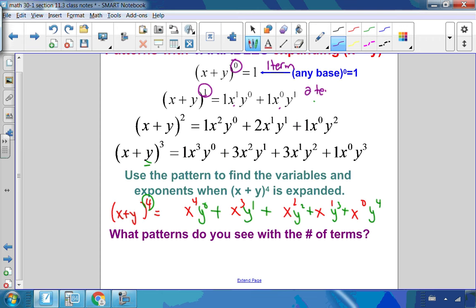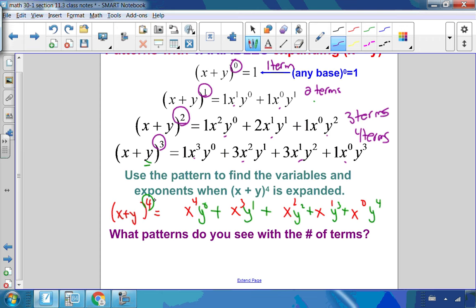The terms are what is separated in the polynomial by adding and subtracting. When I raised it to the exponent of 2, I had 1, 2, 3 terms. I think I start to see a pattern. When I raise it to the exponent of 3, I have 1, 2, 3, 4 terms. 4 terms altogether.